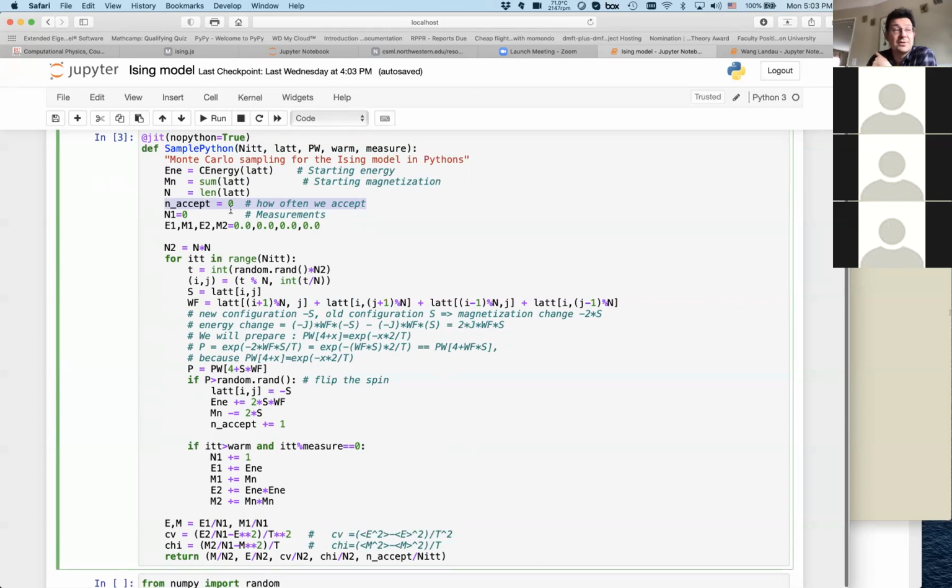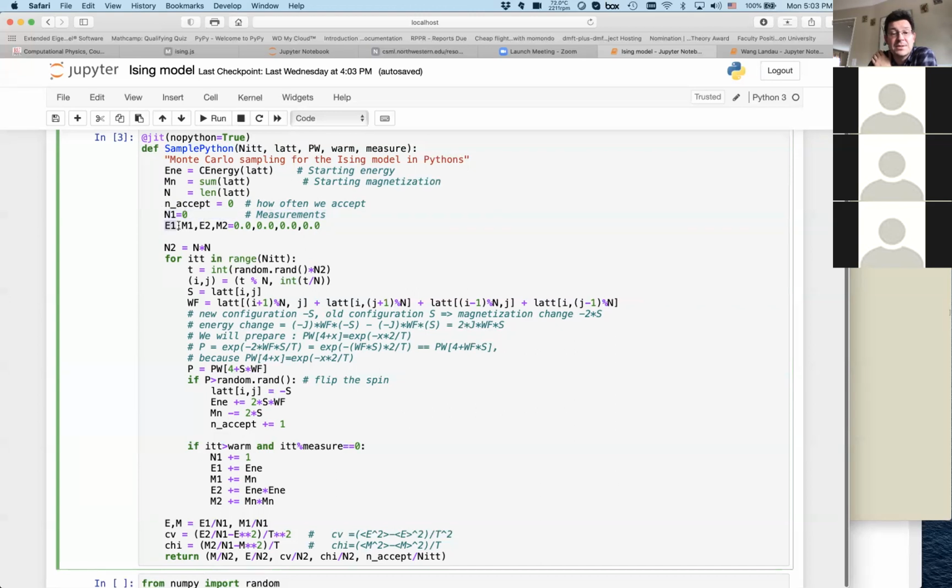So let's not spend too much time measuring if the configuration almost never changes. In order to prove to you that this acceptance rate is not so high, I'm going to check how often we accept the step. So I will set this n accept to 0 at the beginning. And then here n1 will count how many measurements we actually made altogether.